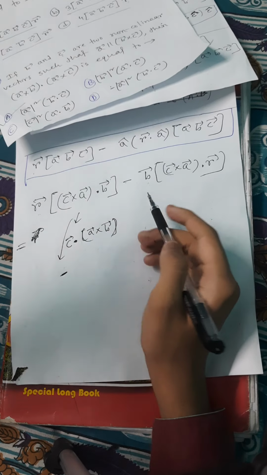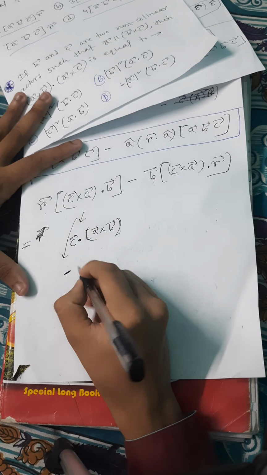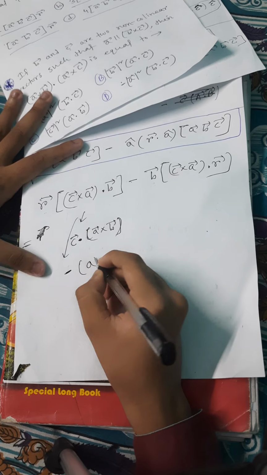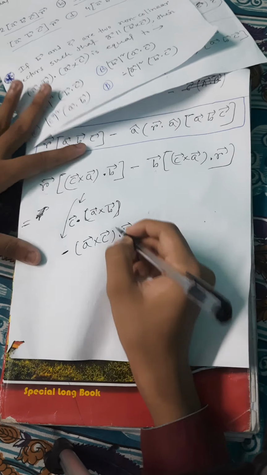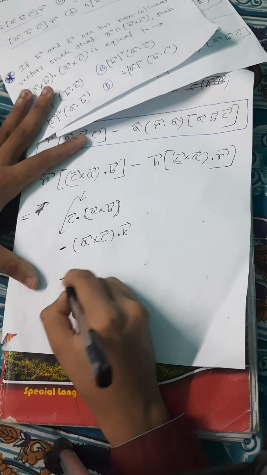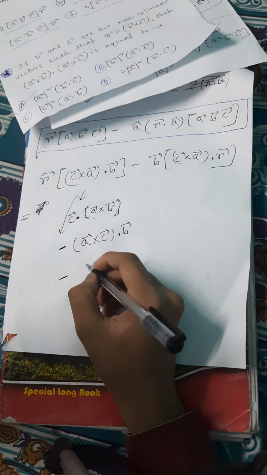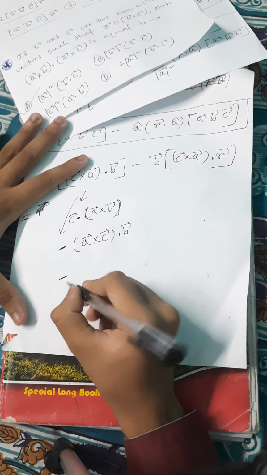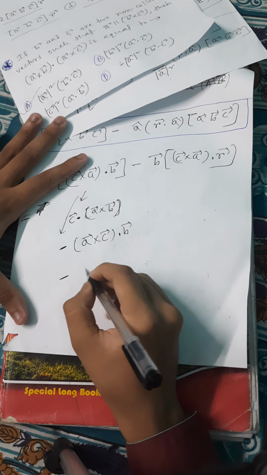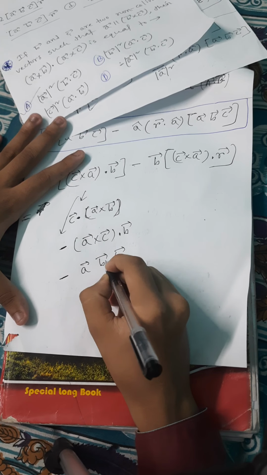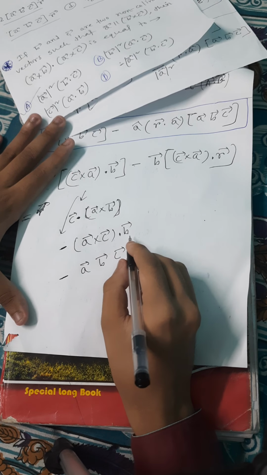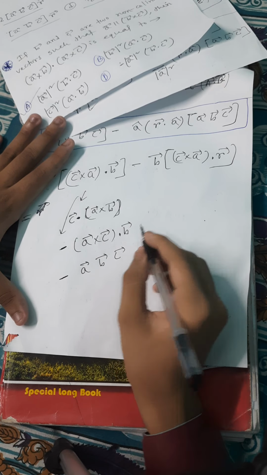Okay, right. But if we write minus a cross c dot b, now we can change the order. Right? Now we can change the order.